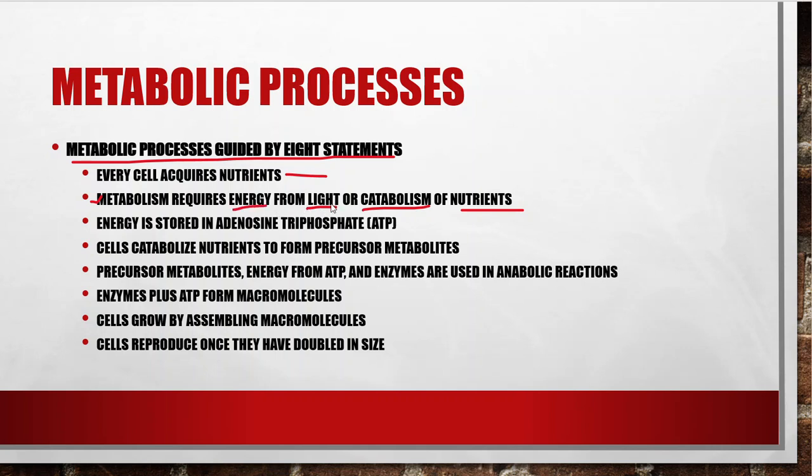We can either get that energy from sunlight, like the plants and the algae do, or we get it by breaking down other molecules like glucose, for example. The energy that is released from these or manufactured is stored as ATP, adenosine triphosphate.